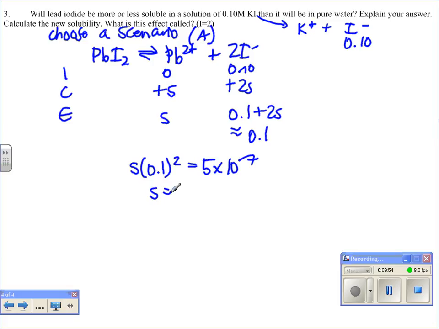So what I find here is that the solubility is 5 times 10 to the negative 5 moles per liter, which compares to our 5 times 10 to the negative 3 moles per liter, which as you can see is much smaller. So the common ion effect reduces the solubility.